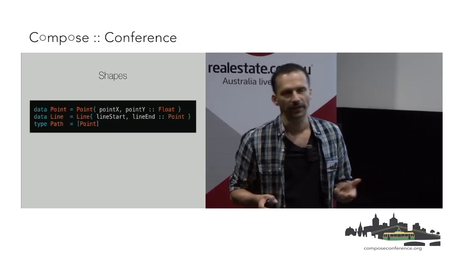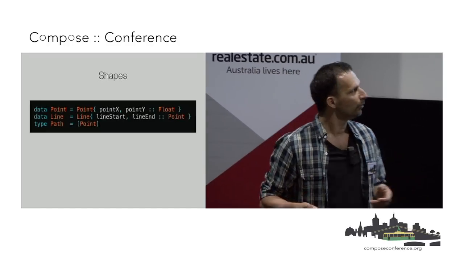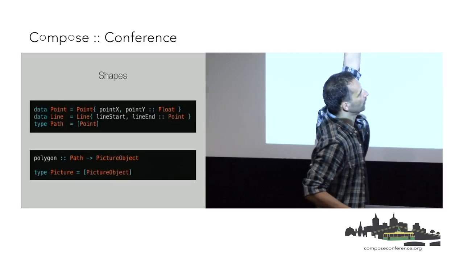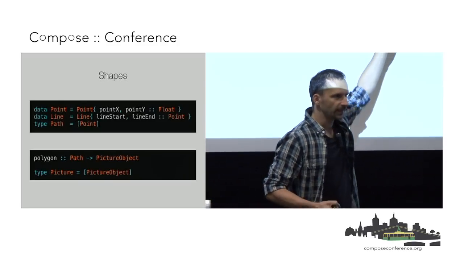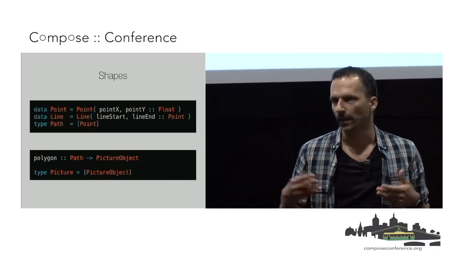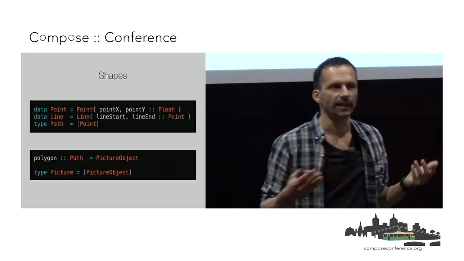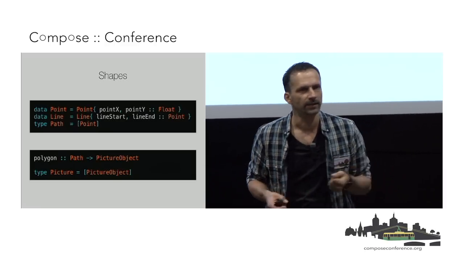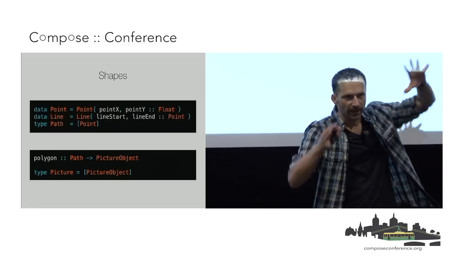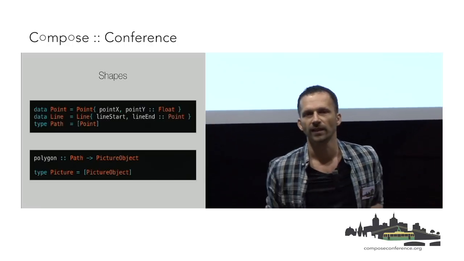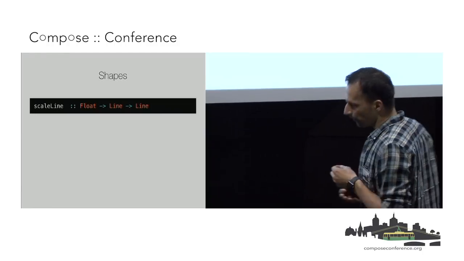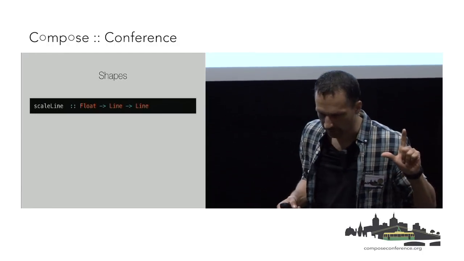And a path is a list of points which we can use to construct polygons with this function, which gives us a picture object, which is a path together with some attributes like the line color, fill color, things like that. And then if we have several of these picture objects, we can combine them, superimpose them into a nice picture.